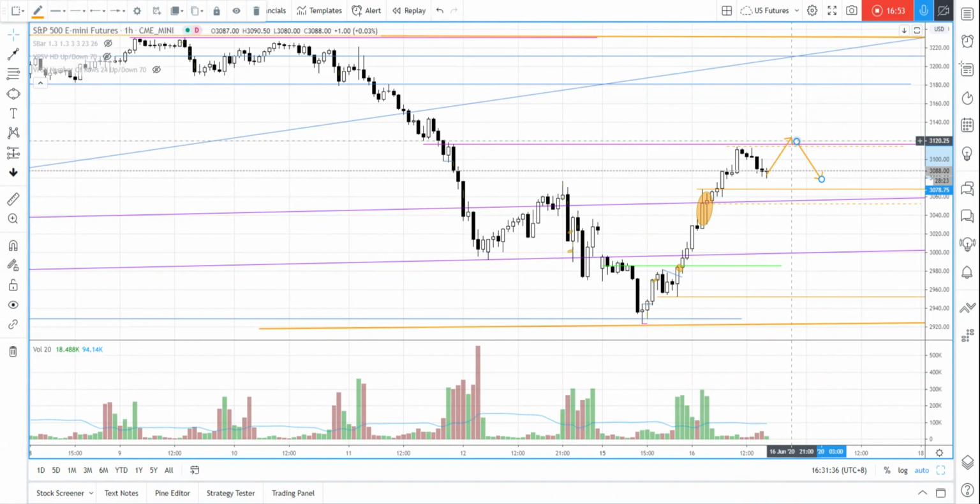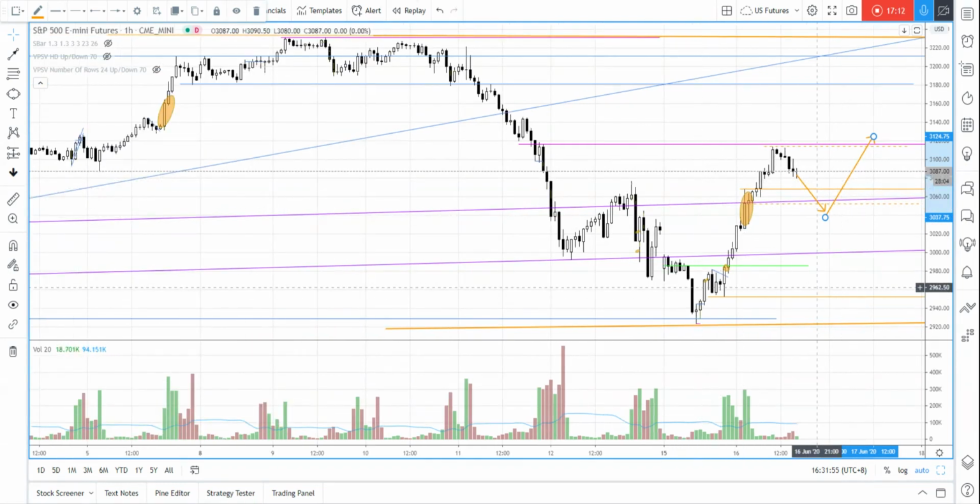But overall, for the support level, immediately I would say 3030 to around 3070, and I would just like to see how it reacts and responds to these levels. And subsequently, if you want to look for lower support, then we have a swing low here, 2930, somewhere around there.